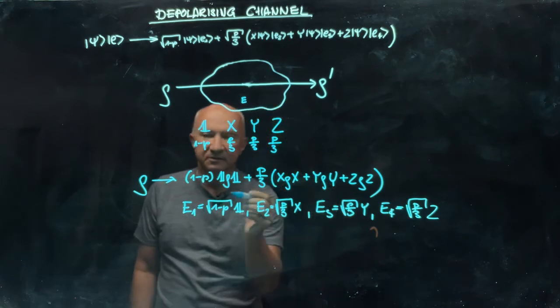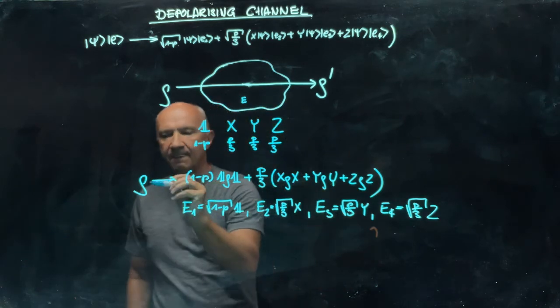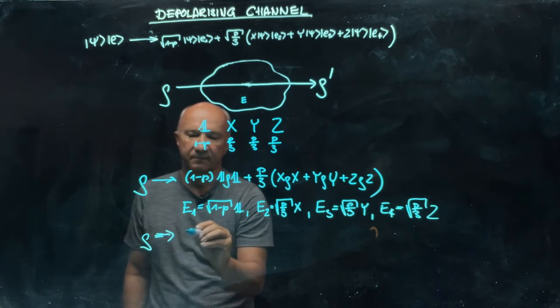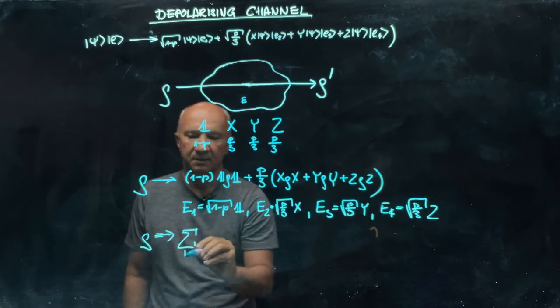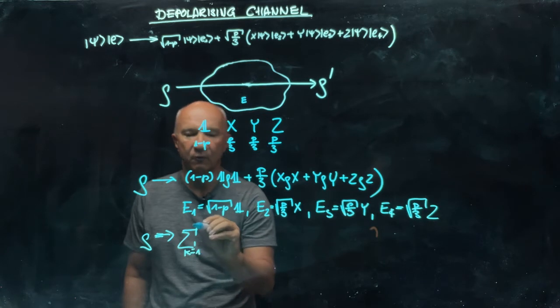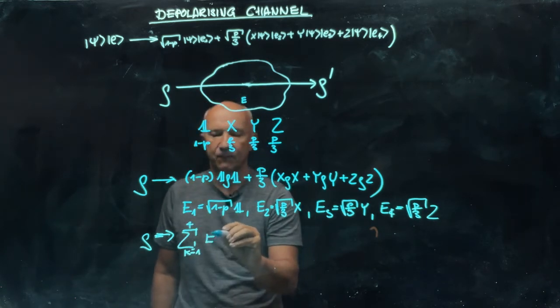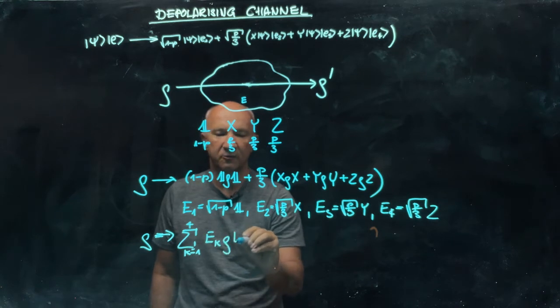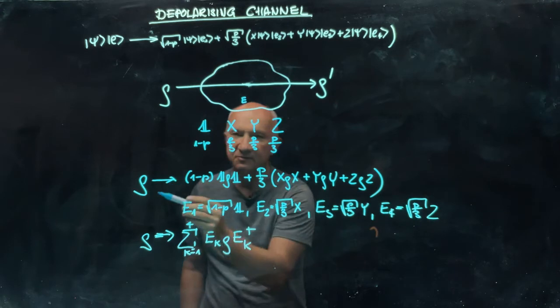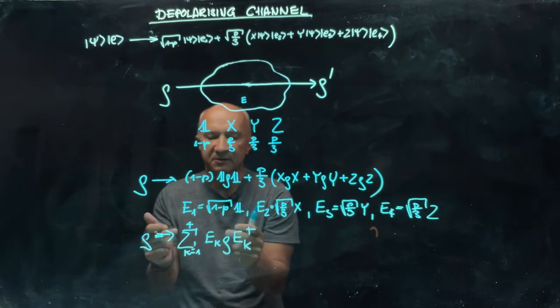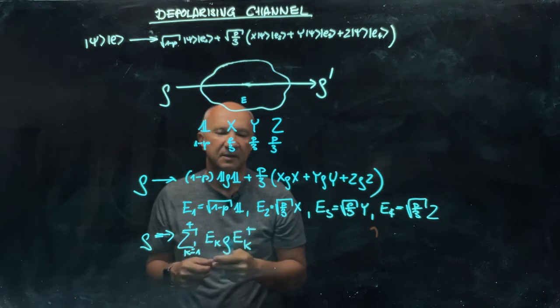So this evolution here can be written as the sum over k from 1 to 4 of E_k rho E_k dagger. So we have expressed this explicitly in the Kraus representation.